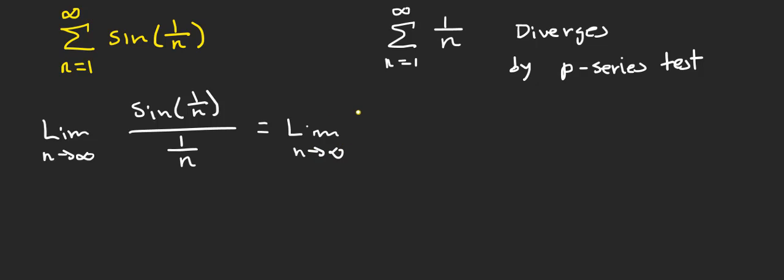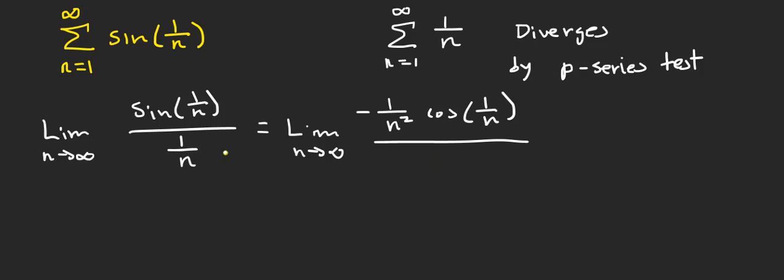You get negative 1 over n squared times cosine of 1 over n, over the derivative of 1 over n, which is negative 1 over n squared. And these two cancel out. So what happens as n goes to infinity? Cosine of 0, which is 1.